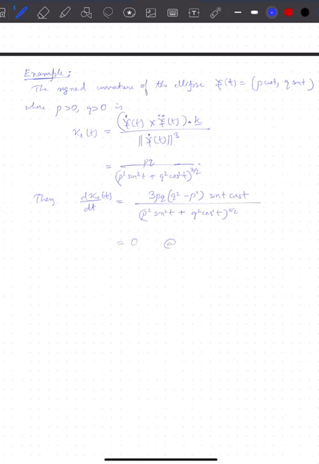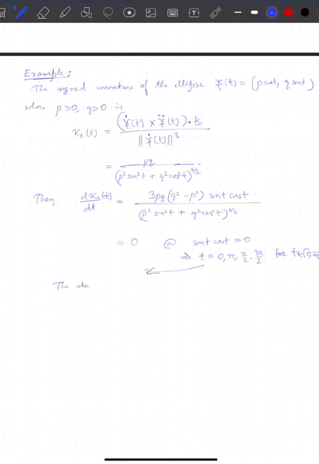And this is equal to 0 when sin t cos t is equal to 0, which implies that either t is 0, pi, or when cosine t is 0, which happens at pi by 2 and 3 pi by 2, for t in the range 0 to 2 pi.